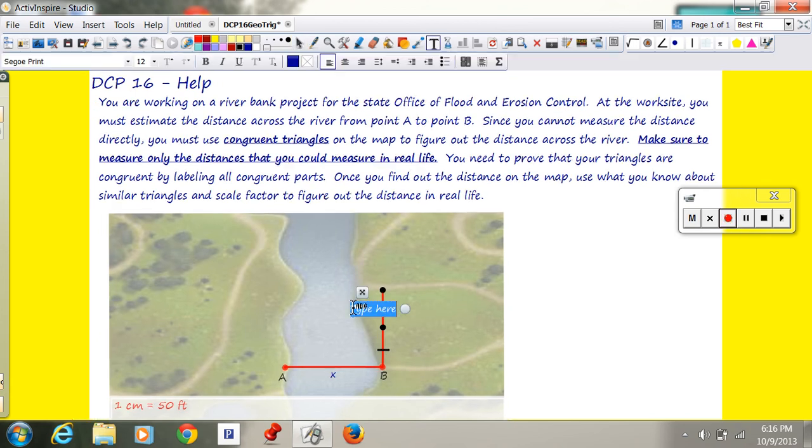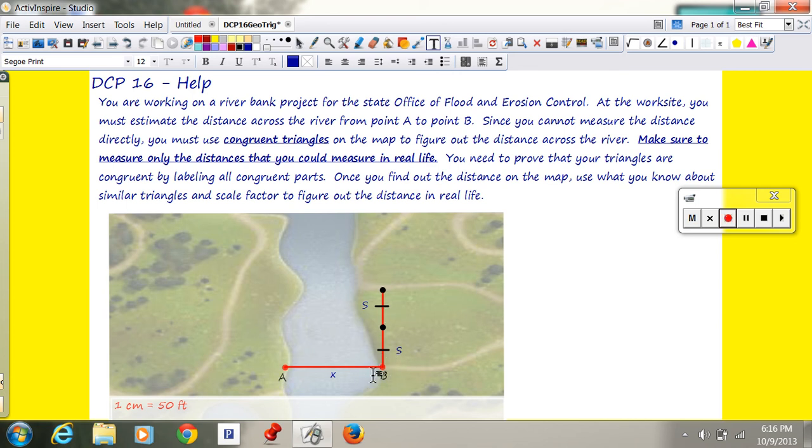What that's going to give you is a side of a triangle congruent to a side of the other triangle. So you'll have a side congruent to a side there. If you were going to try to find the width of this river, you could map this out at a 90-degree angle.